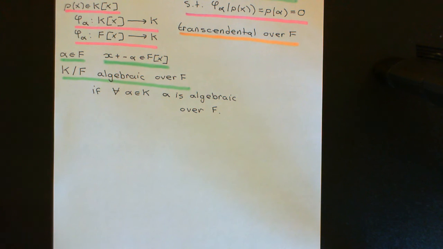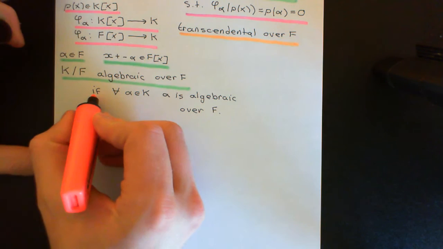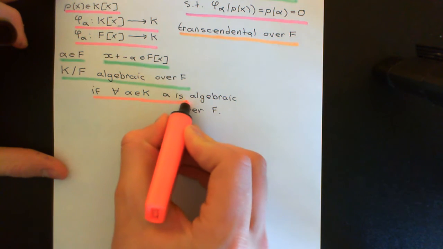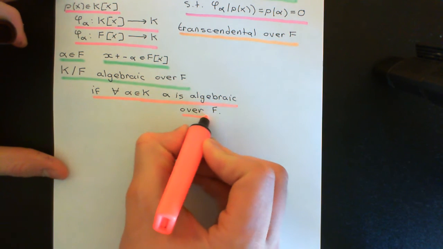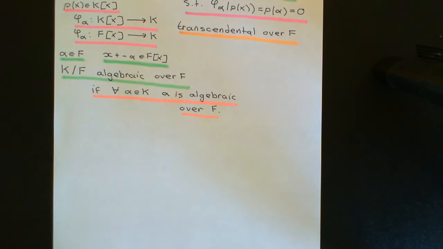So alpha is a root of that polynomial. That's the definition of a field extension being algebraic over the smaller field capital F.